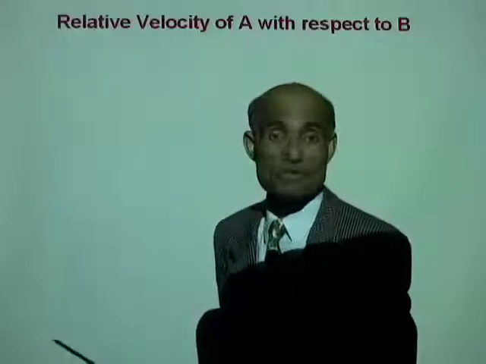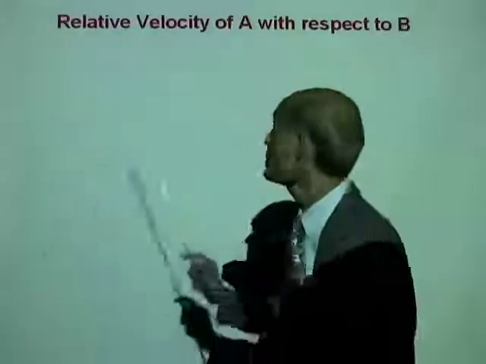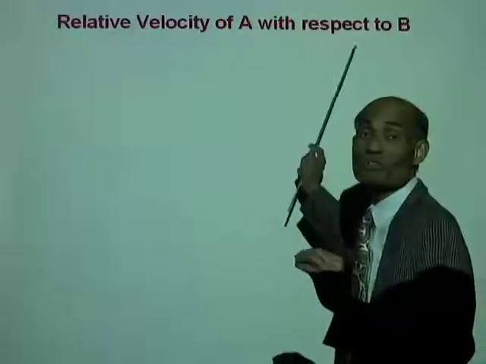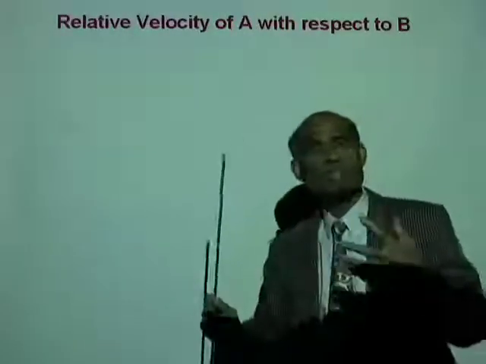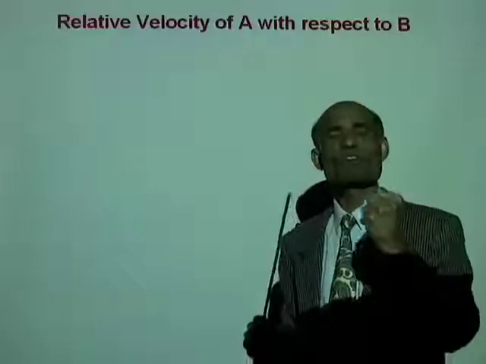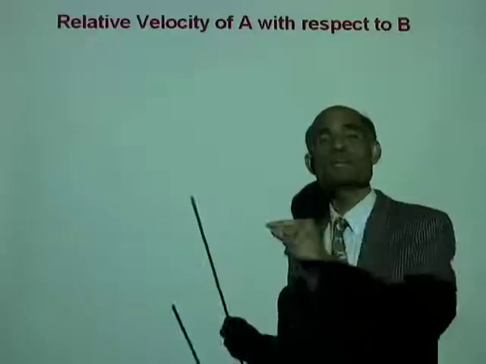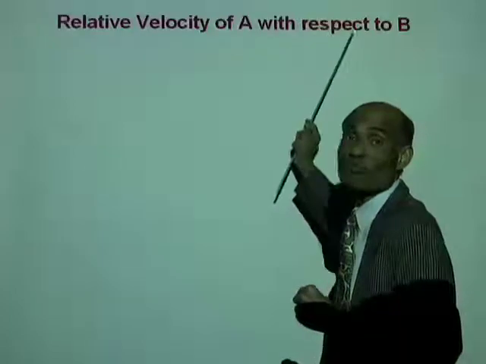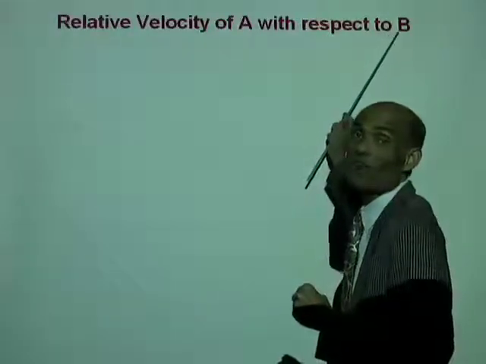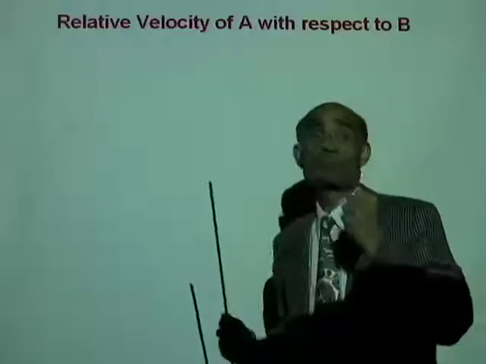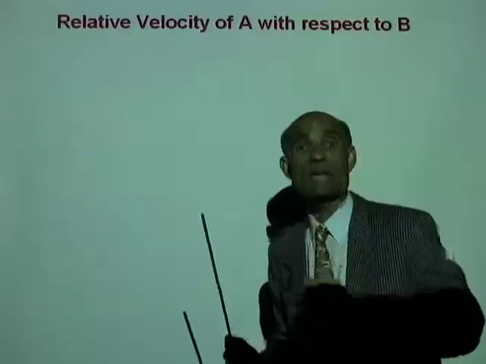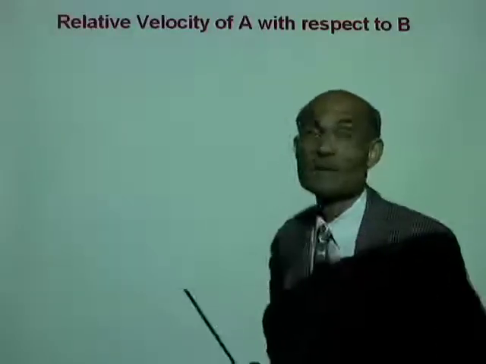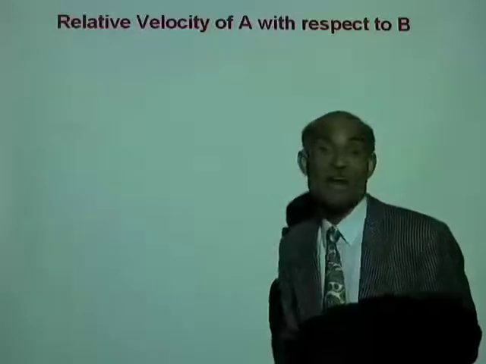Okay, let's go and put these things in writing. Now, how do we measure the relative velocity of A with respect to B? What is the meaning of that? The relative velocity of A with respect to B means the velocity of A measured from the frame of reference of B. Now, what did we say in our animation there?